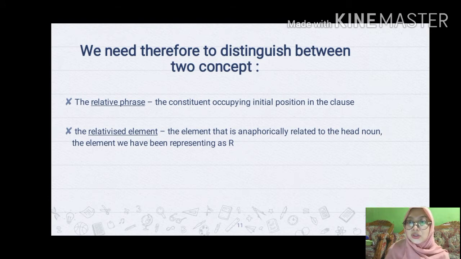We need therefore to distinguish between two concepts. The first concept is the relative phrase. It means the constituent occupying initial position in the clause. And the second, the relative element: the element that is anaphorically related to the head noun, the element we have been representing as R.